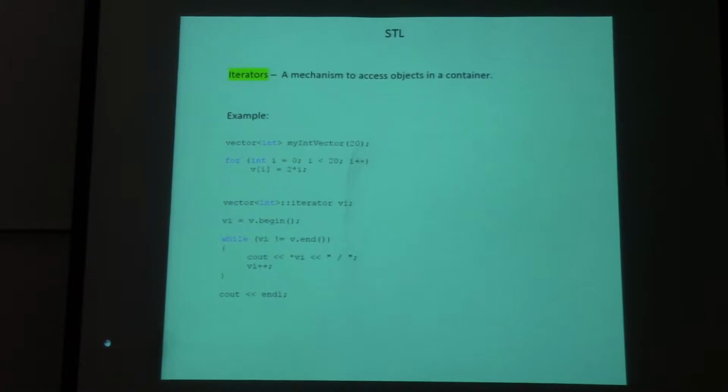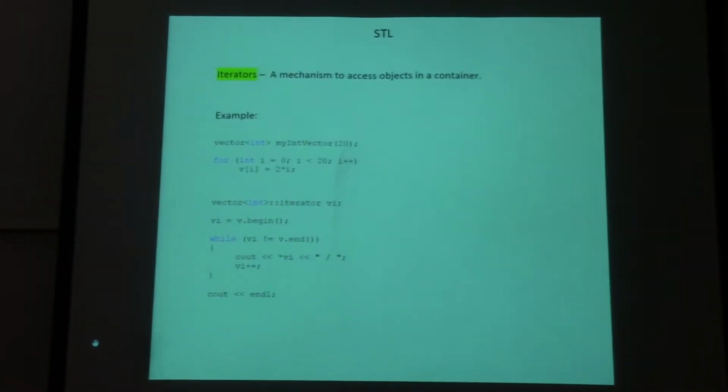The iterator is a nested class defined inside of vector. So because the iterator is nested inside of the vector class T, your iterator is also going to be iterating through values of type int. Because it's nested inside vector class T, the iterator will also be parameterized for type T.